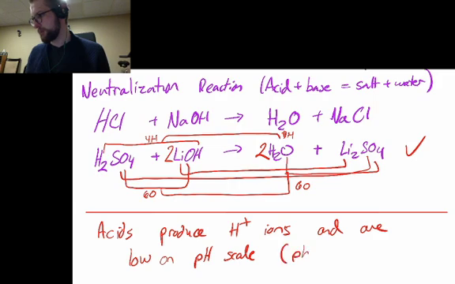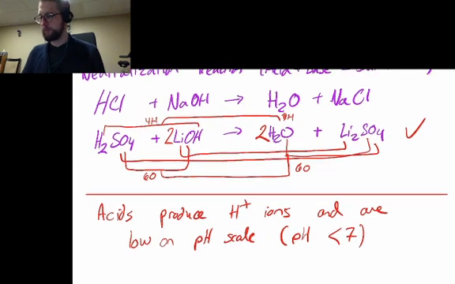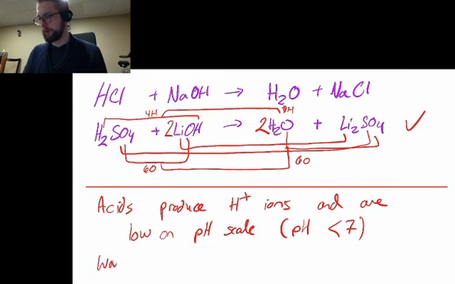The pH goes from 1 to 7, or maybe we should just say less than 7. Water is neutral, pH equals 7.